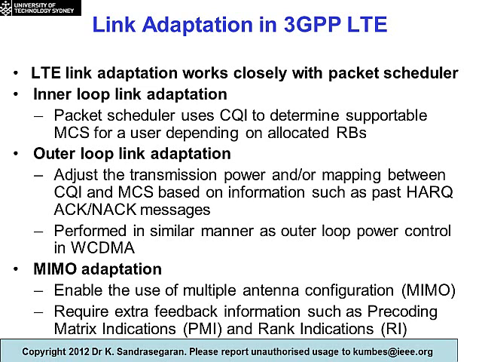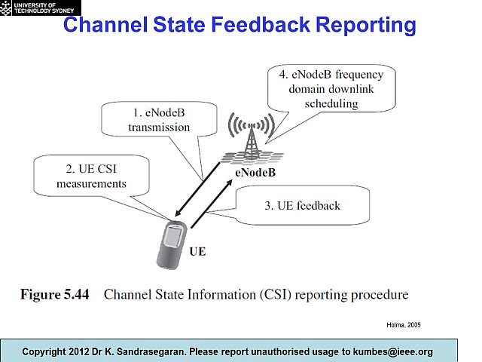And then there's outer link adaptation, where you adjust the transmission power and the mapping between CQI and MCS based on information such as past HARQ acknowledge, ACK and NACK messages. And then there's also MIMO adaptation, where, based on the PMI and rank indicators, you can change the way you transmit information to a UE.